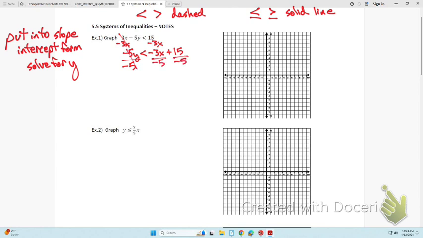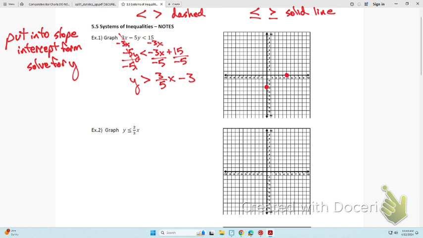Now, since we divided by a negative, you need to make sure you flip that inequality to a greater than. We now have a positive fraction, -3. So we make a dot on -3. Our slope is 3/5, so we go up 3 over 5.